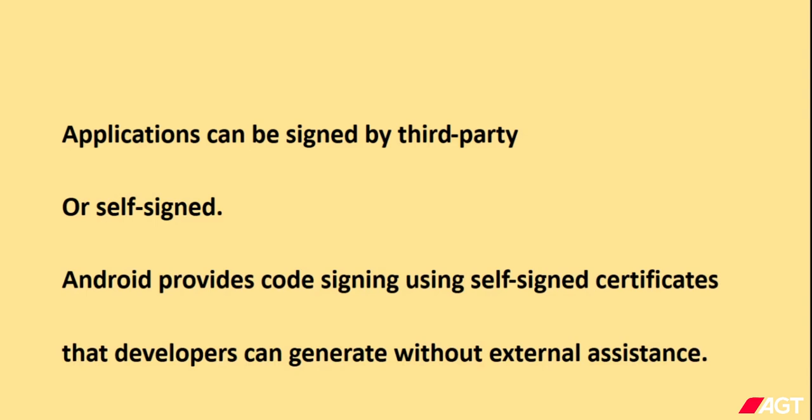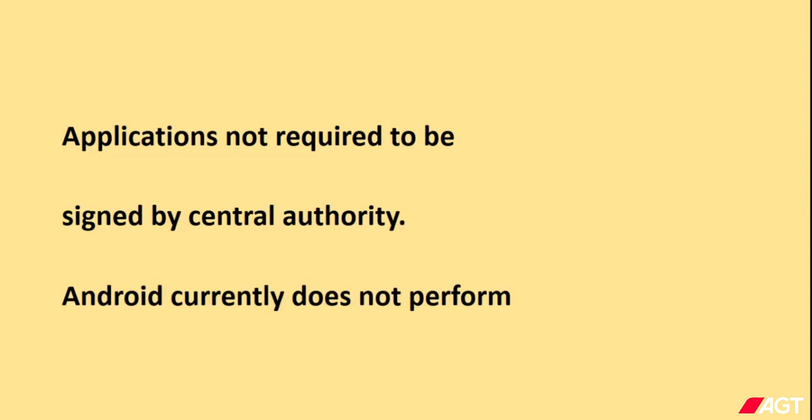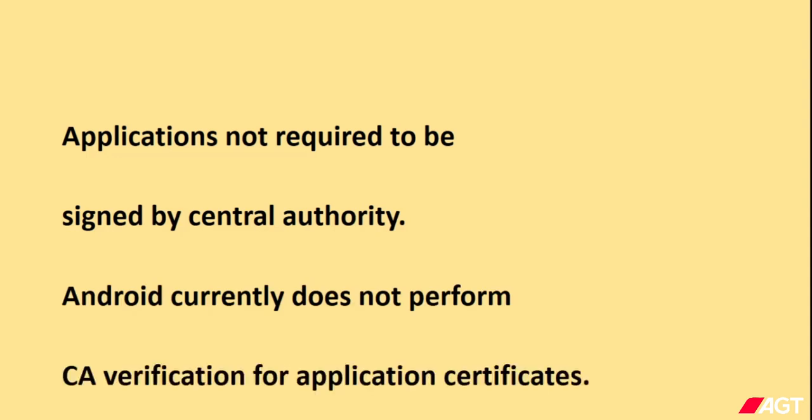Now applications do not have to be signed by a central authority, and Android currently does not perform any certificate authority verification for application certificates. And that can be huge in the case of security, because it may lead to a security compromise if you don't verify the CA. Of course, it's a little bit different to scale whenever you provide the operating system and you have many different implementers, in comparison to, let's say, Apple, which controls all the devices, and Apple iOS is not running on other vendors' hardware.